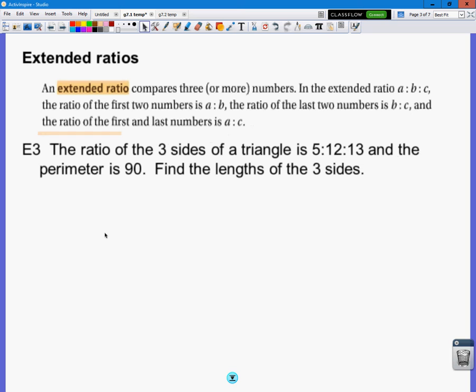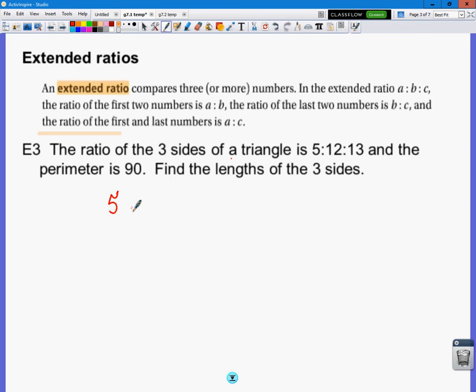When you're looking at a ratio like this, the ratio of 3 sides of a triangle is 5 to 12 to 13. In other words, whatever I'm doing to this 5, I'm going to do to the 12 and 13. And if you don't recognize this particular set of numbers, this is one of the Pythagorean triples that we talked about. It says the perimeter is 90.